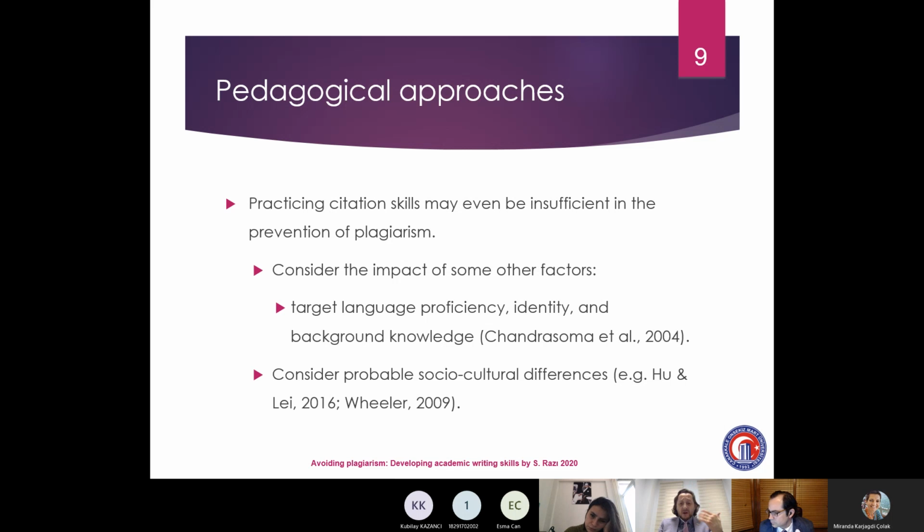Remember, when we are talking about pedagogical approaches, we need to take some other factors into consideration. For example, asking someone to write in L1, the first language, mother tongue, is not the same as asking someone to write in a foreign language or in a second language. So, Jarret, here in Turkey, we consider Turkish as the mother tongue, as L1, and English as the foreign language. The situation is a little bit different in the United States because some students speak English as their second language.